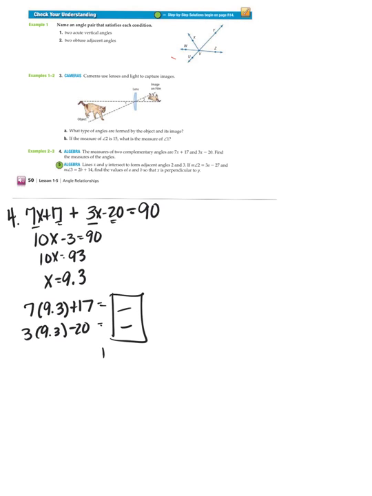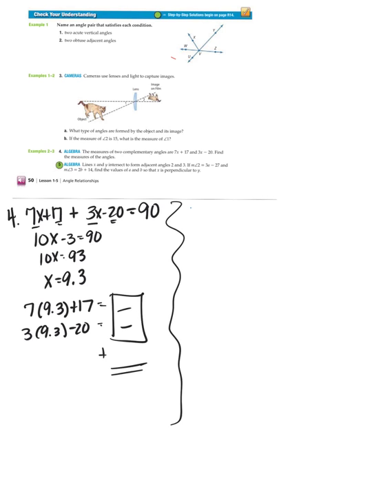Once I find them, I'm going to want to add them together to make sure I get 90 degrees as a double check. Alrighty, let's set up the next one. I don't have my calculator with me, and I'm not going to take time to do the calculations when I know you can do them, or you wouldn't be in an honors class, right?